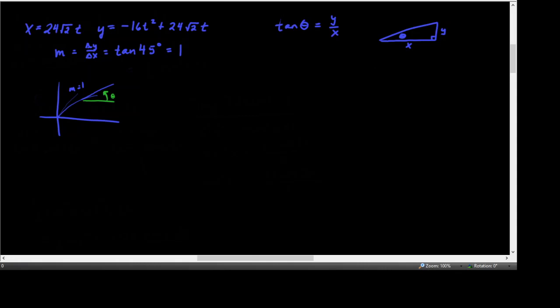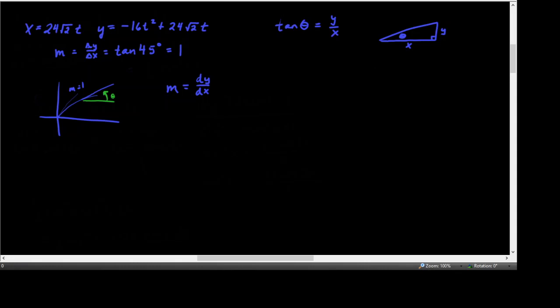What we're going to have to do instead is find, like we did in Calculus 1, the slope using the first derivative of the function. Now, of course, that's in terms of y and x, as dy dx, and our functions are in terms of t.